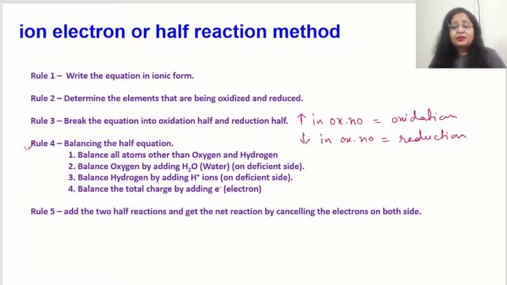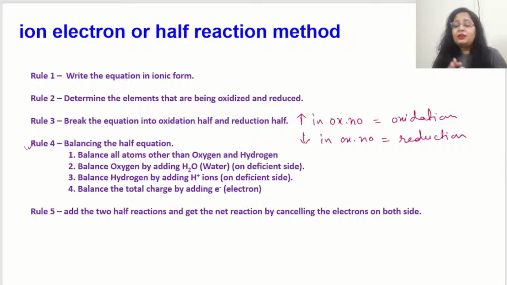Next point is, after balancing oxygen, we will jump to hydrogen. For balancing hydrogen, what do we need to do? We need to add H plus ions, because the reaction is going on in the acidic medium. So we will add H plus ions where the hydrogen is deficient. After that, balance the total charge by adding electrons.